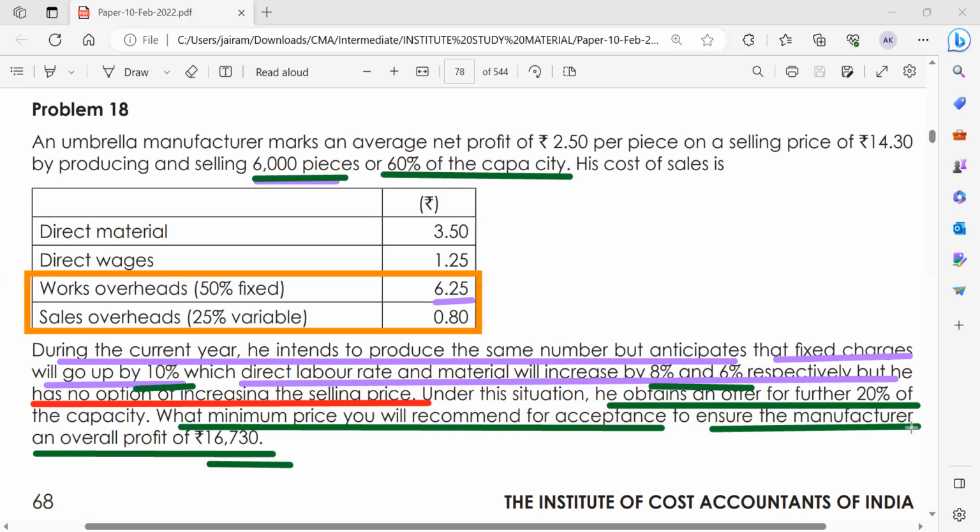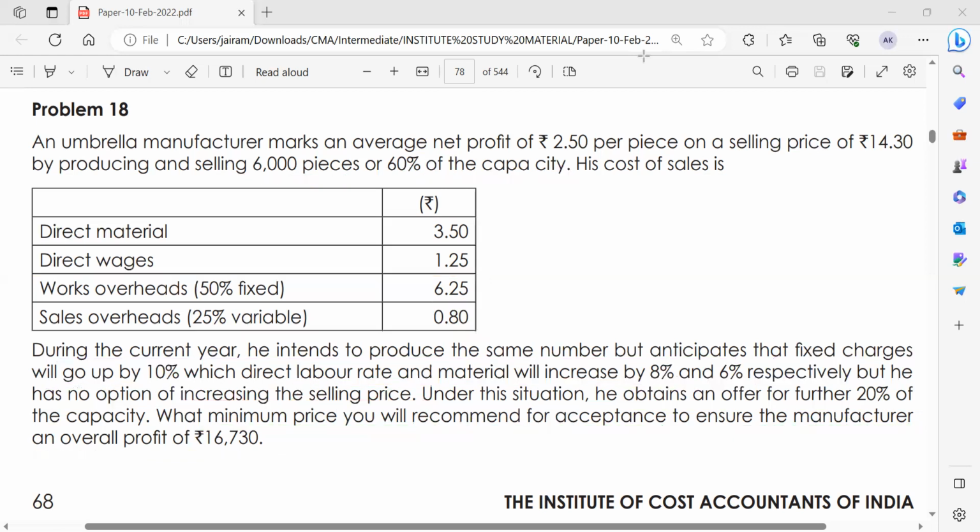So first, either you can prepare the old marginal cost statement, or you can straight away prepare the increased one. That is what you need for the answer.